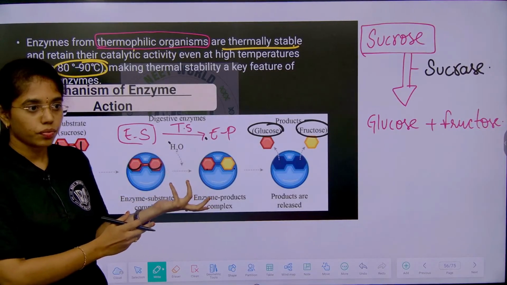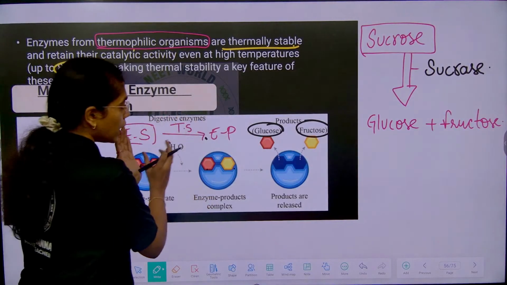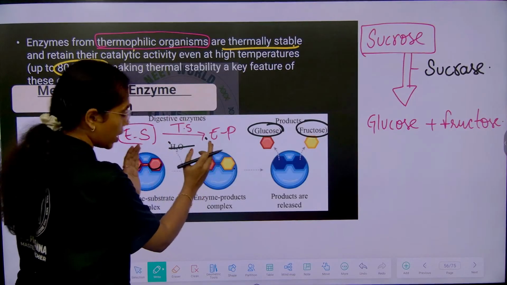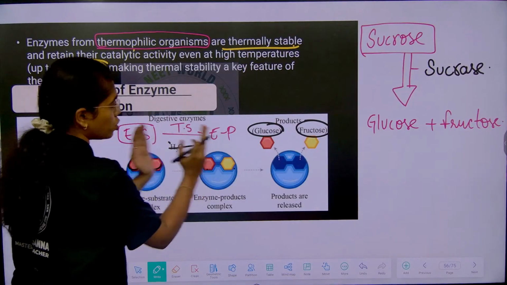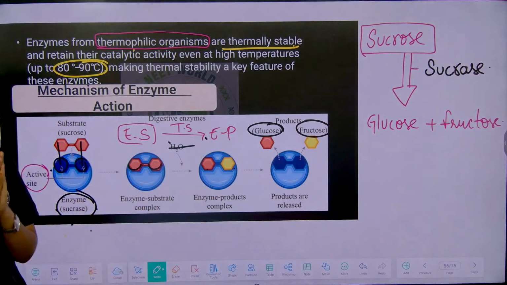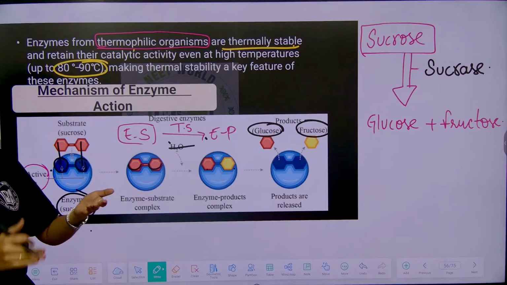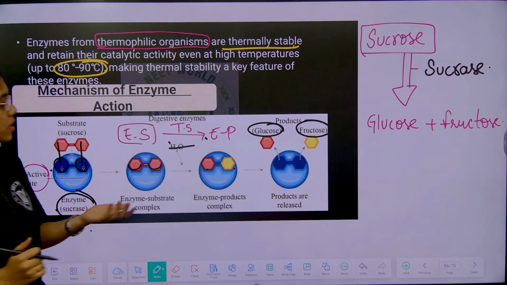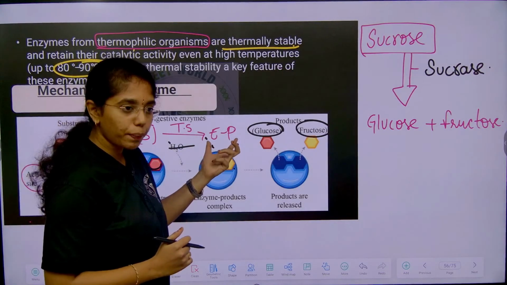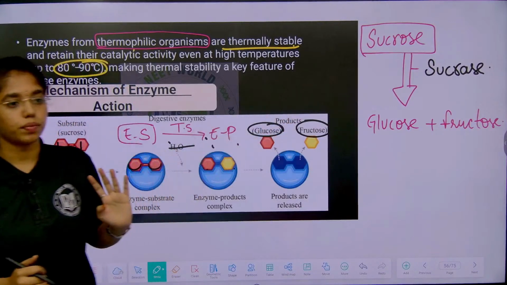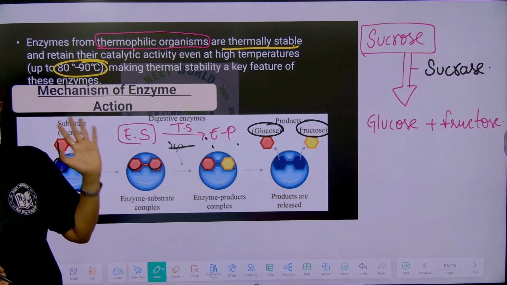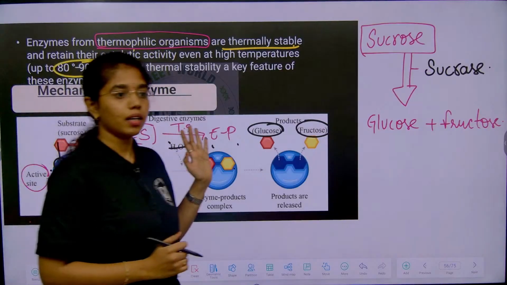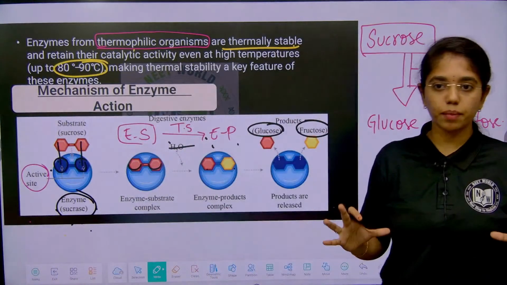For this transition from ES to EP, energy is required. What is that energy called? Activation energy. In the presence of enzyme, activation energy will be less, and from the EP complex the products, glucose and fructose, are released. Clear till here, right? You have understood the basic mechanism, right?